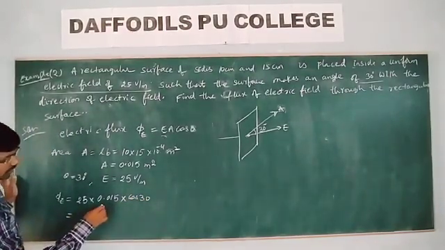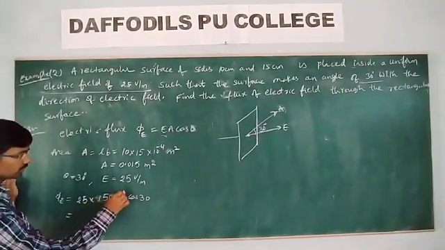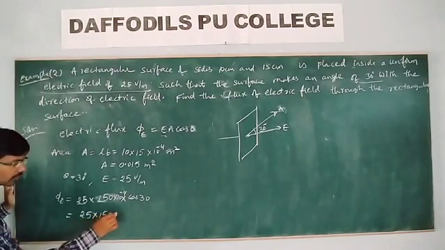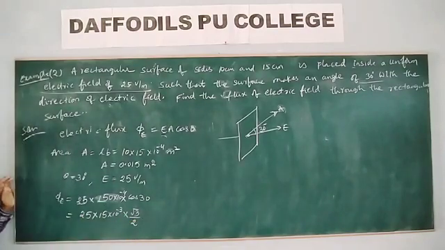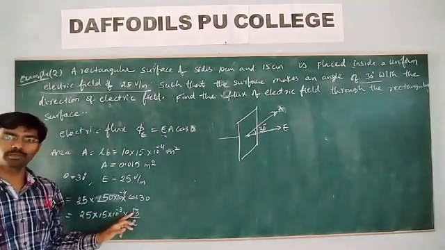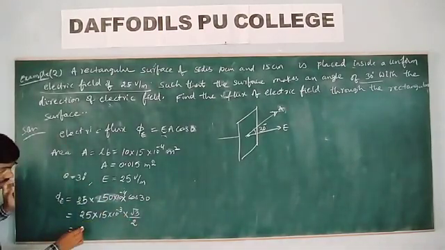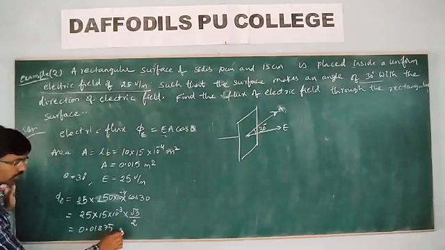Or let me write here 150 into 10 power minus 4, that is 25 into 15 into 10 power minus 3 into cos 30. Cos 30 value is root 3 by 2, where root 3 is 1.732, by 2. And you calculate this to get 0.01875.